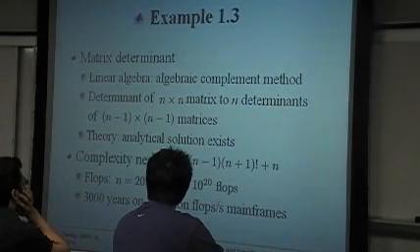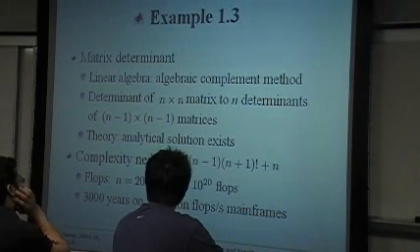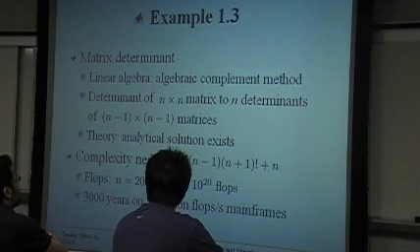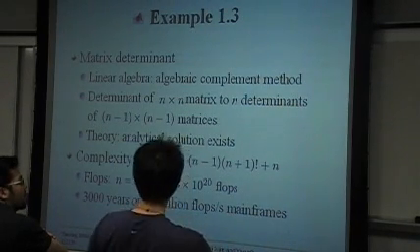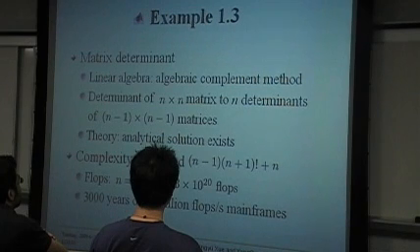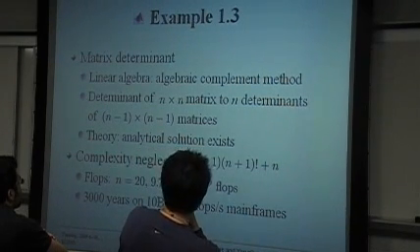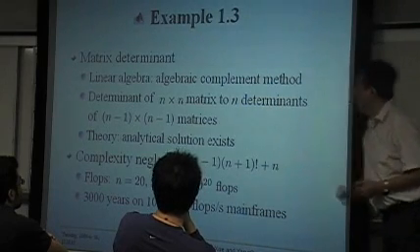So the mathematicians will say that there is an analytical solution. No matter what n is, there is a solution to an n by n matrix. But this conclusion neglected the complexity problems, and the computation amount required is this.